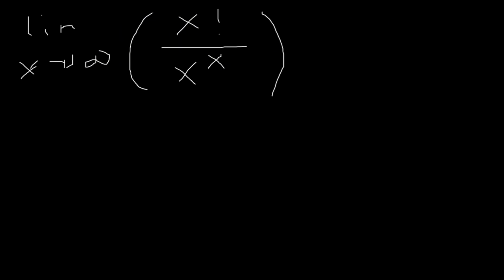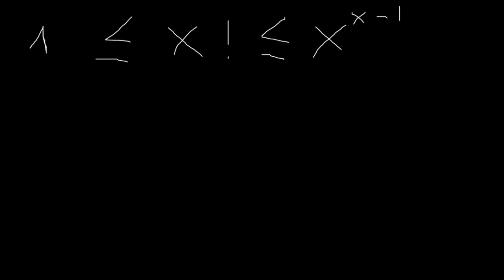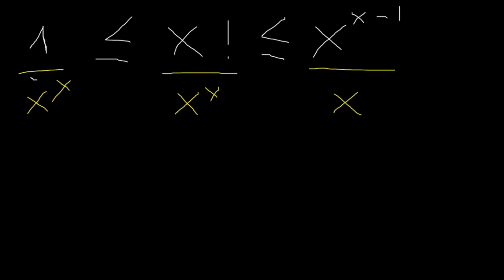To further move on, we are going to divide all through by x to the power x. We divide by x to the power x so that it looks like our initial question.